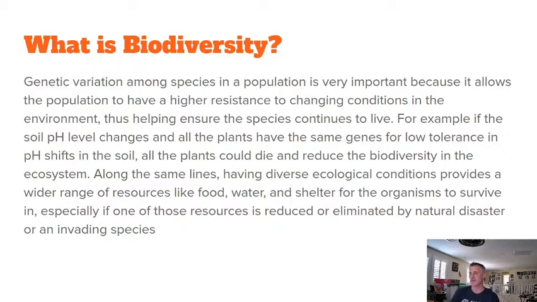But let's just assume, and I'll give you the example here, if we have a certain species that feeds off of only one food source that's available in this ecosystem, right? There's one food source for this organism to feed off of in the ecosystem. If that food source goes away, well, then that organism that feeds off of it is going to go away as well.